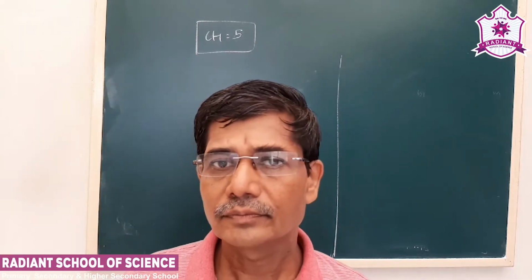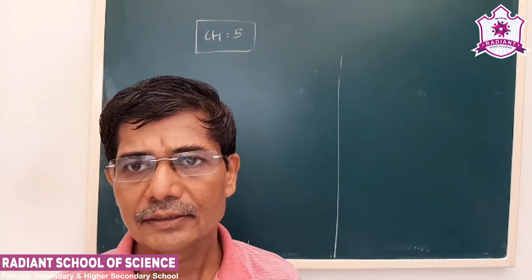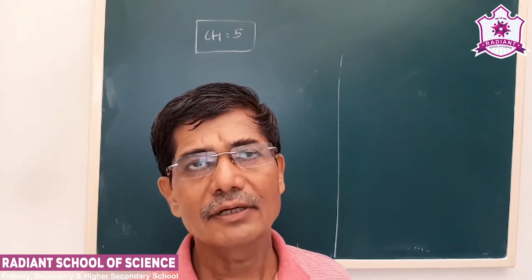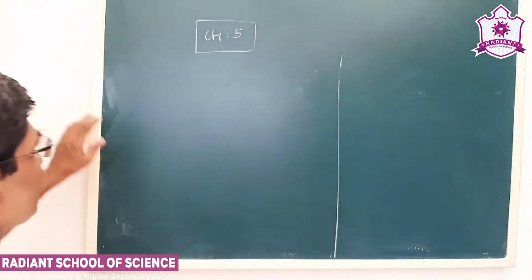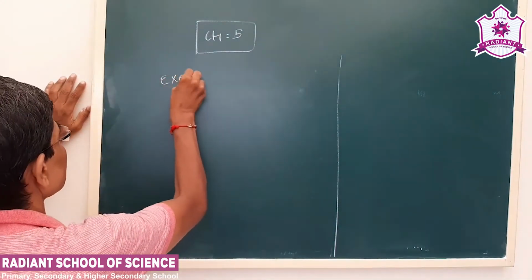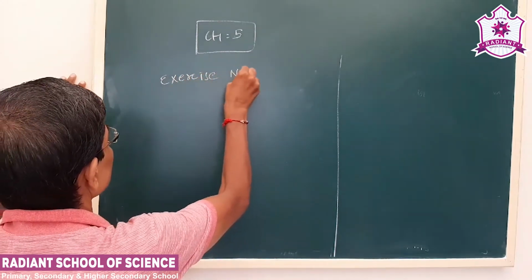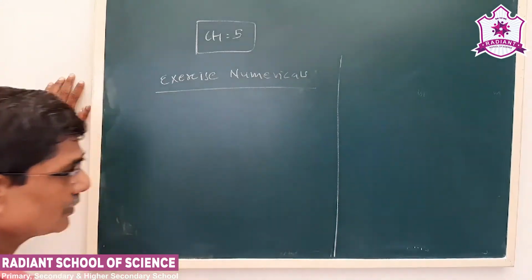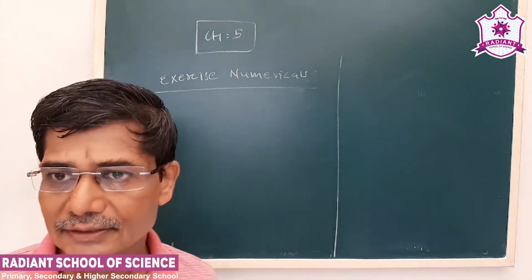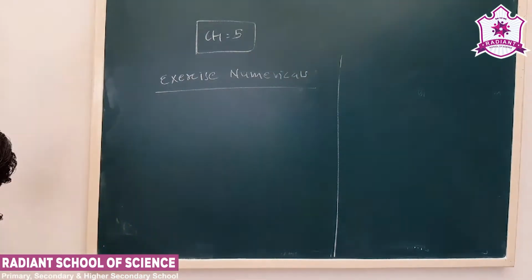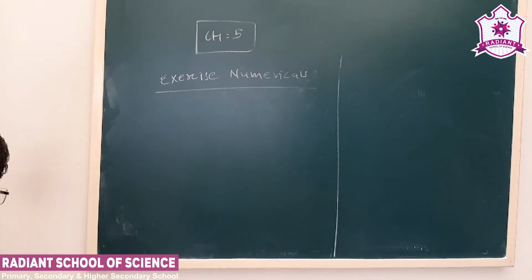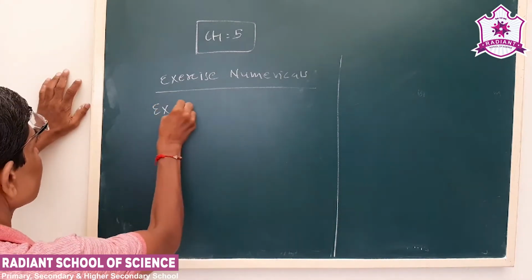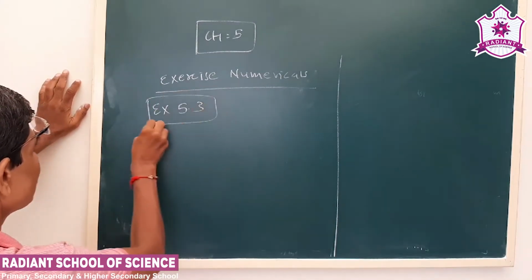Dear students, we have completed examples of lesson number 5. Now we start with the exercise numericals. The theoretical type of questions we will discuss at the end. Now we start with exercise sum number 5.3.